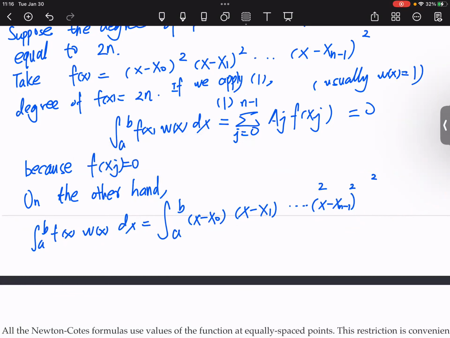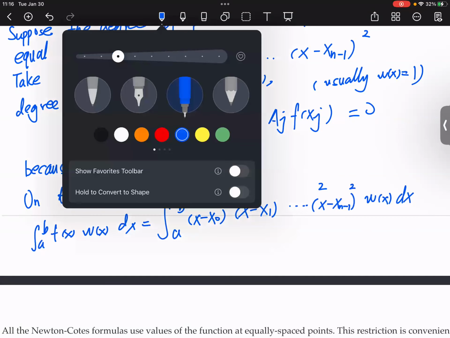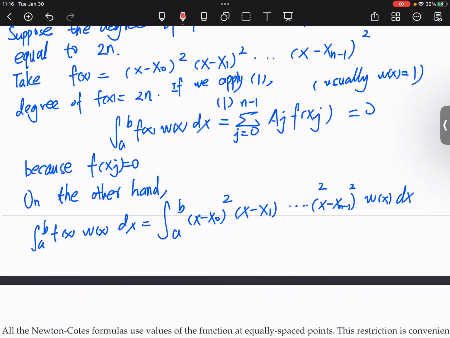So could you tell me one thing about this function on the interval? It should be non-negative, right? Because we have a square here.